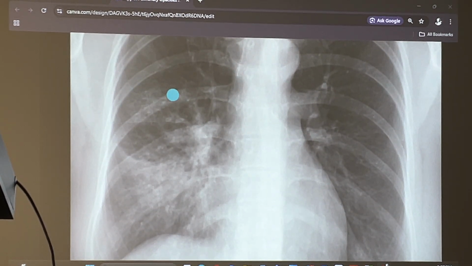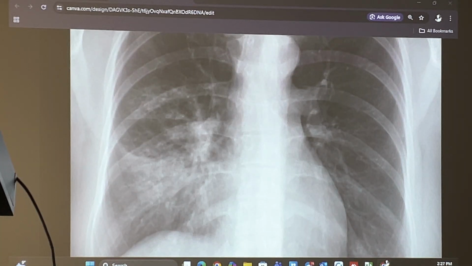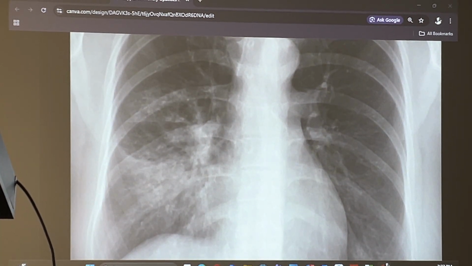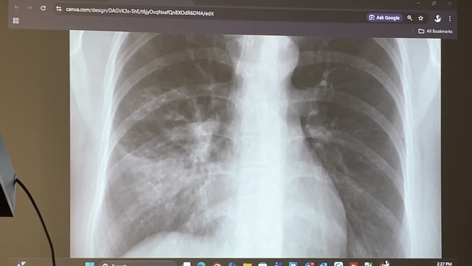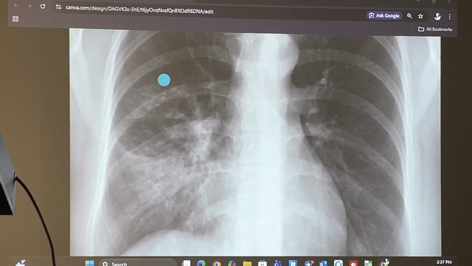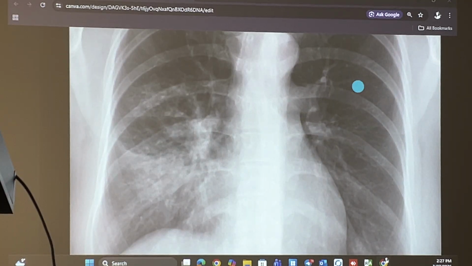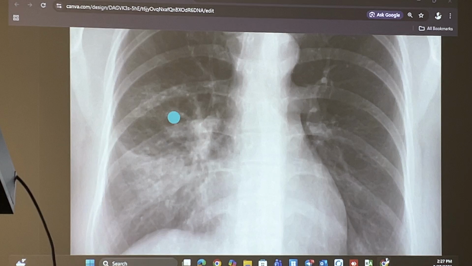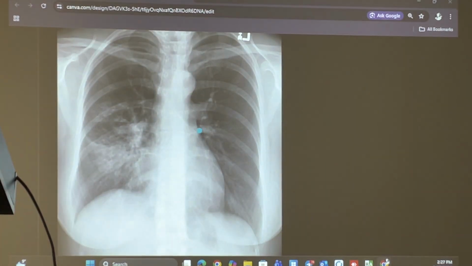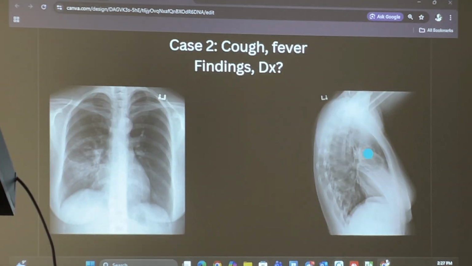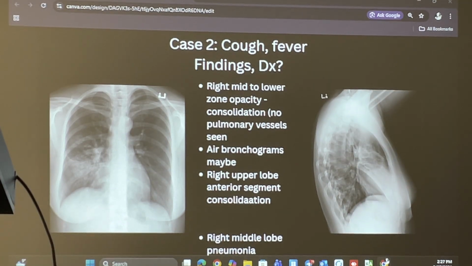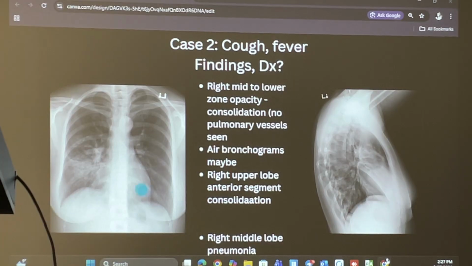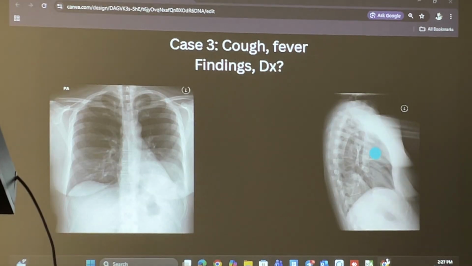Is everything okay with the upper lobe? It's the same on the left side also. This part is the same as the right side. There is again a small consolidation. So upper and middle. That is right middle lobe pneumonia, but the right upper lobe anterior segment is also consolidated.